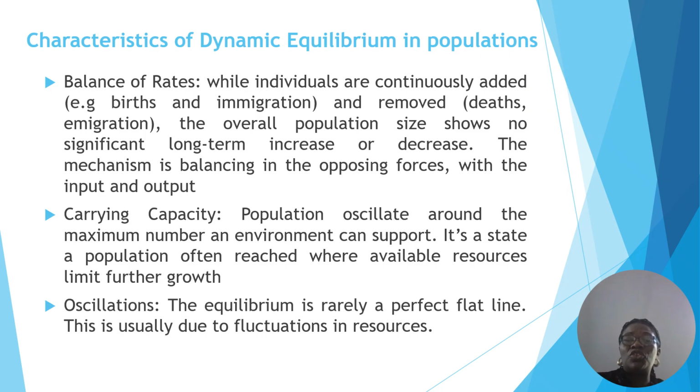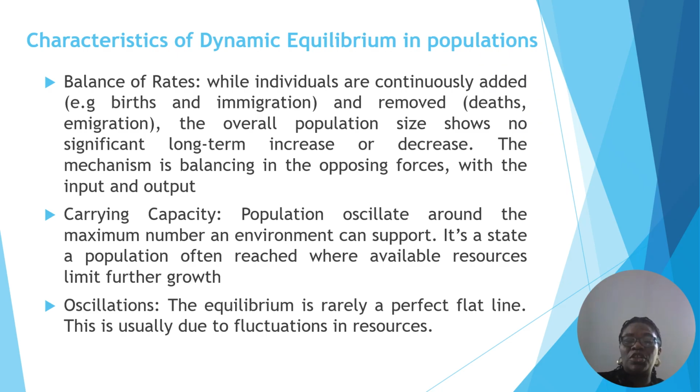You don't have a situation where the number of organisms that have just been added is equal to the number that has just been removed. So we don't have 100%.